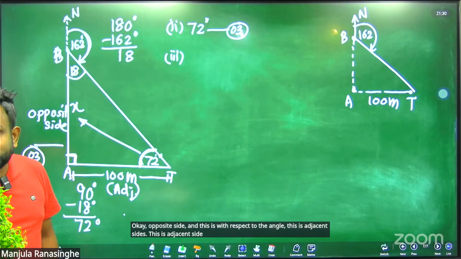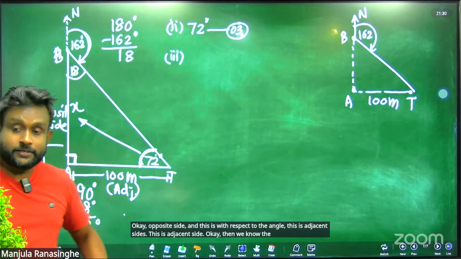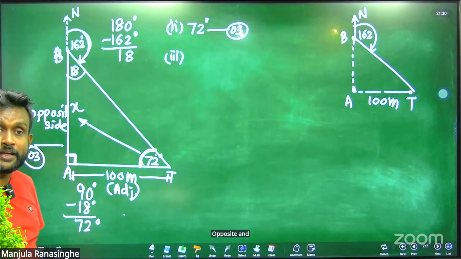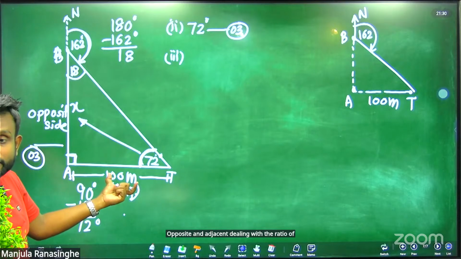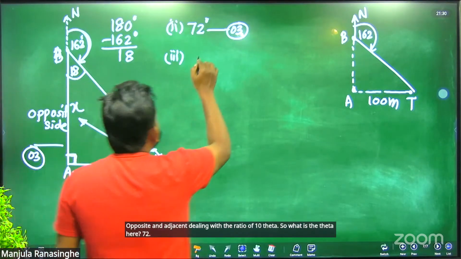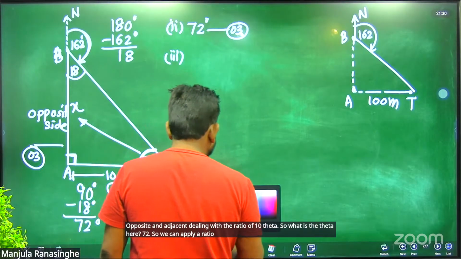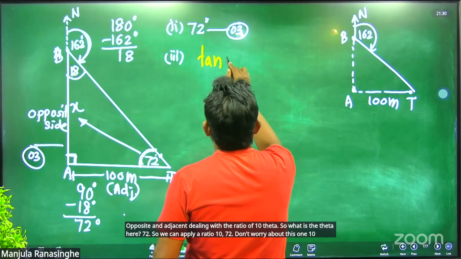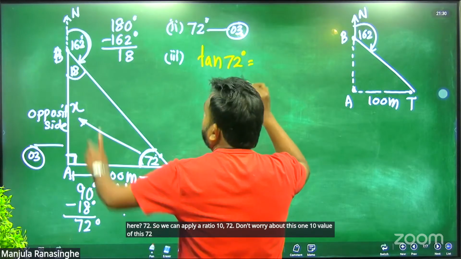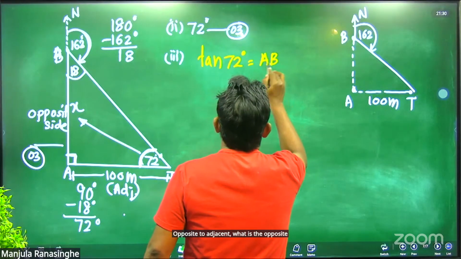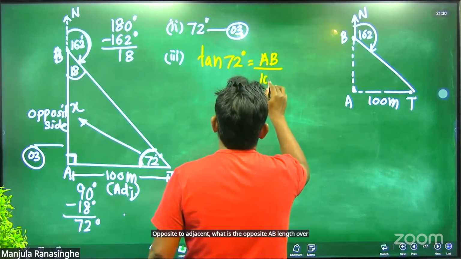Opposite and adjacent deal with the ratio tan theta. Theta here is 72, so we apply tan 72. Tan 72 degrees equals opposite over adjacent: AB over 100.